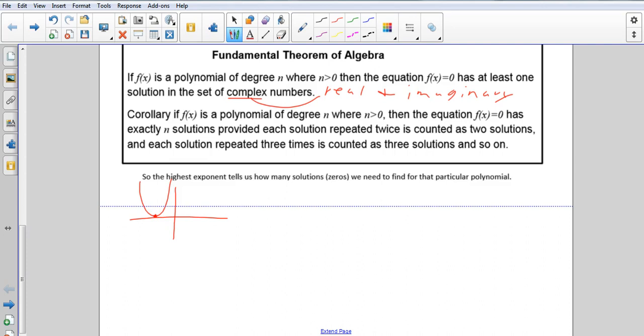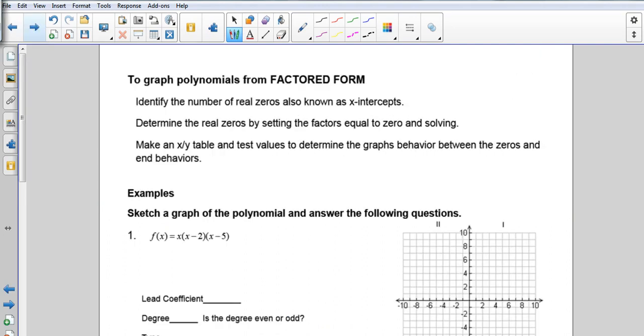If you remember me talking about the calculator, depending on what program you use, it will actually tell you it's twice, even though it's only one number, because it's specifically hitting on the way down and on the way up. So we can count it as 2 answers. So the highest exponent tells us how many solutions or zeros we need to find for that polynomial.